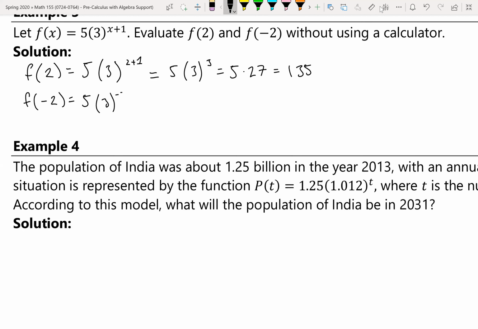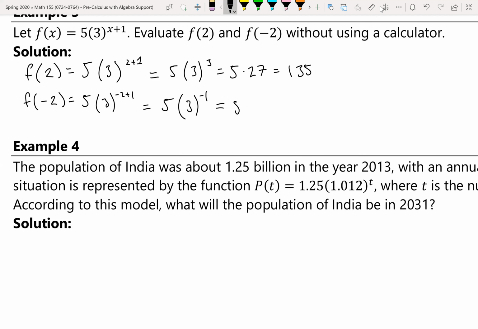Now f of negative 1: 5 times 3 to the negative 1. And this is equal to what? Would it be 5 times 1/3? Yep.